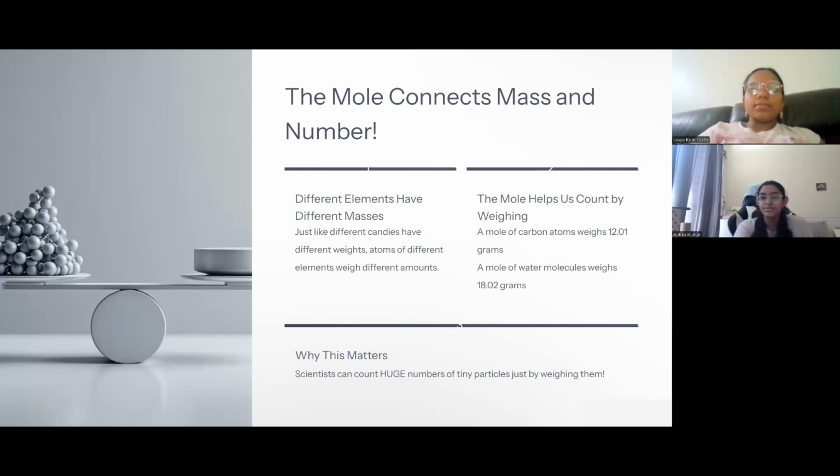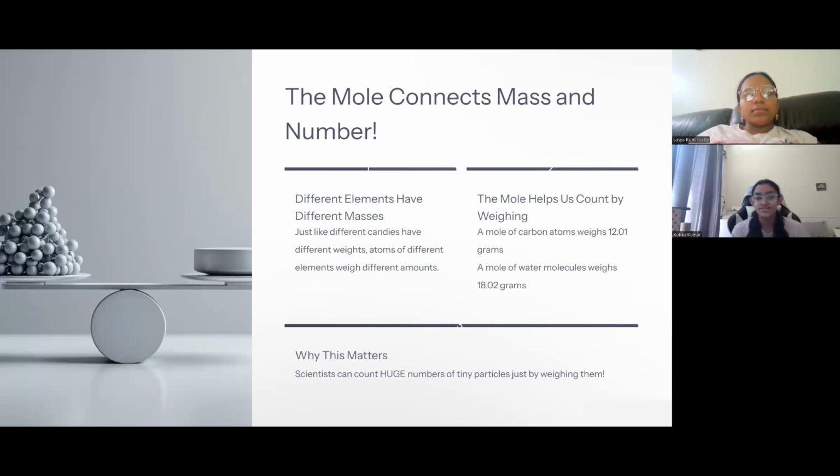So every time you're calculating the mole or the weight, you can always just weigh it on a measure, but you could also do it mathematically, and that we'll talk about later on.